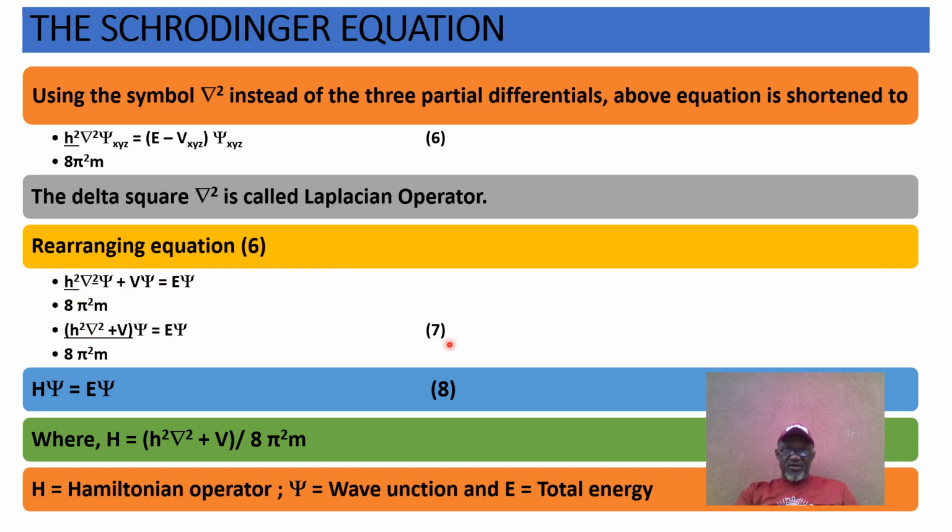If we rearrange again, we'll get equation 7, and we have this, we call this H, but not normal H. H phi is equal to E phi, where this H gives us the equation, and we call it the Hamiltonian operator, whereas phi is the wave function and E is the total energy of the system. So this gives us a shorthand of the Schrodinger equation.